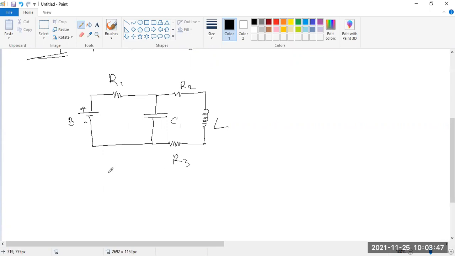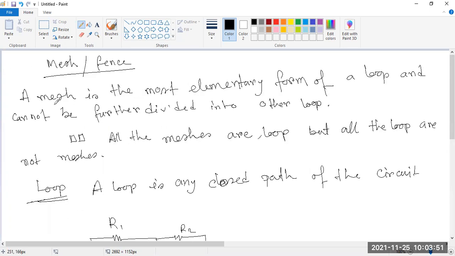So just distinguish which one is mesh, which one is loop. From this definition, just read it out.